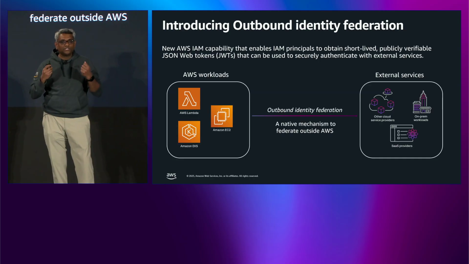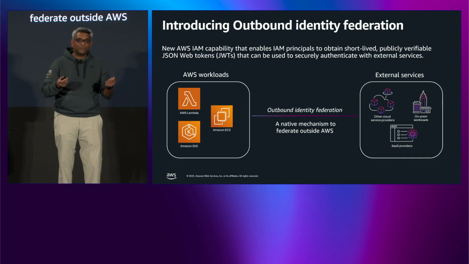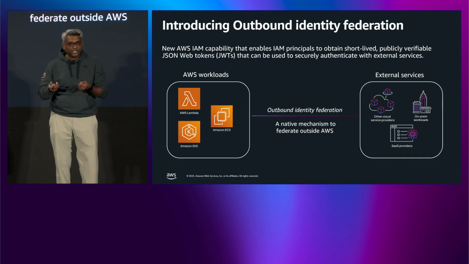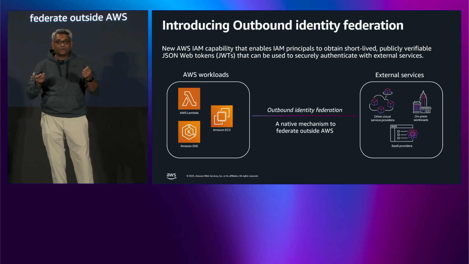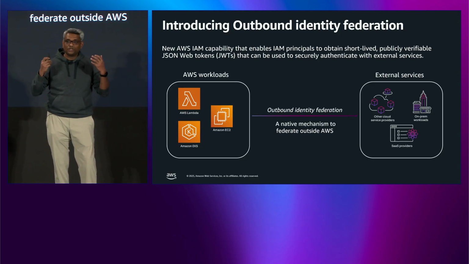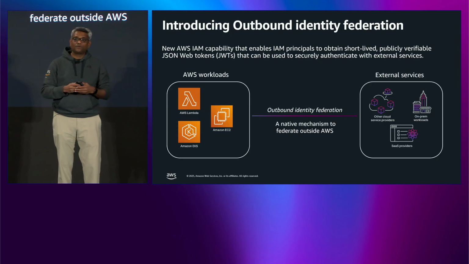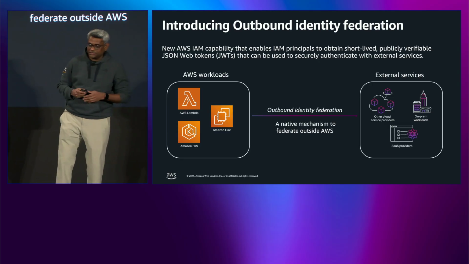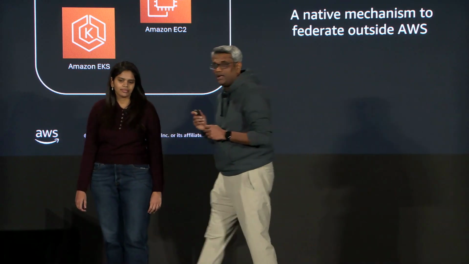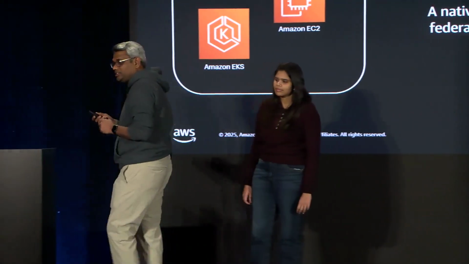And we do this using standards-aligned JSON Web Tokens, or JWTs for short. And with this, you no longer have to use complex workarounds, and you certainly do not have to manage any long-term credentials. So I'm actually going to do a quick live demo of this feature.